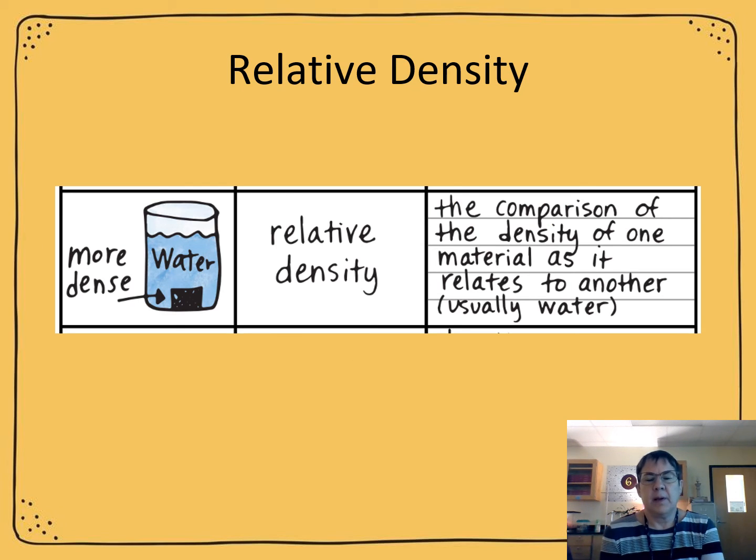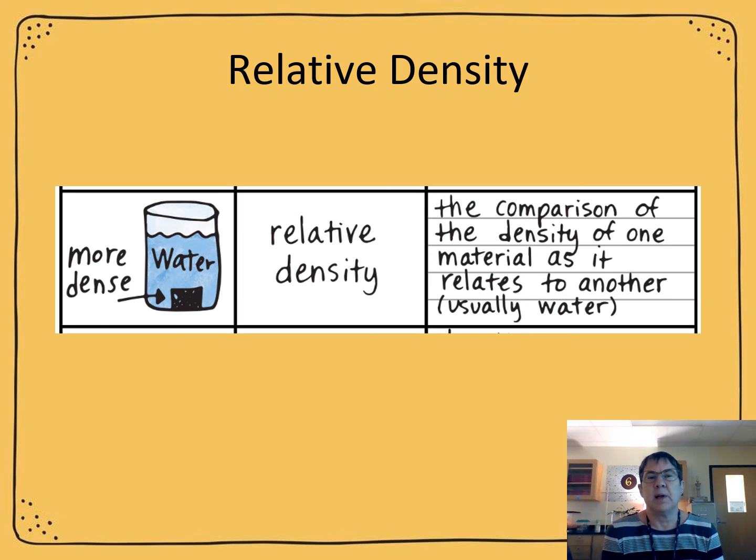Relative density is how the density of one object relates or compares to the density of water. The definition is the comparison of the density of one material as it relates to another, usually water. We'll find out that water has a density of 1.0. So if something sinks, it has a density greater than 1.